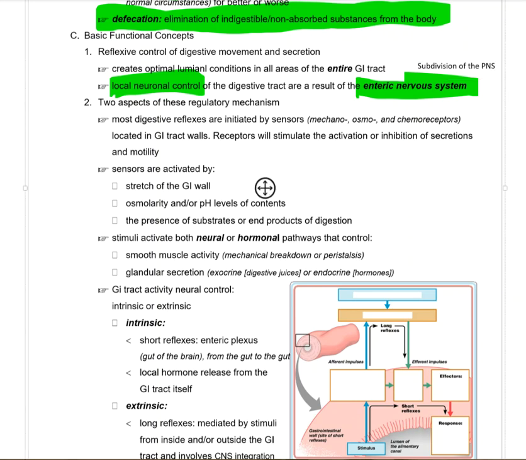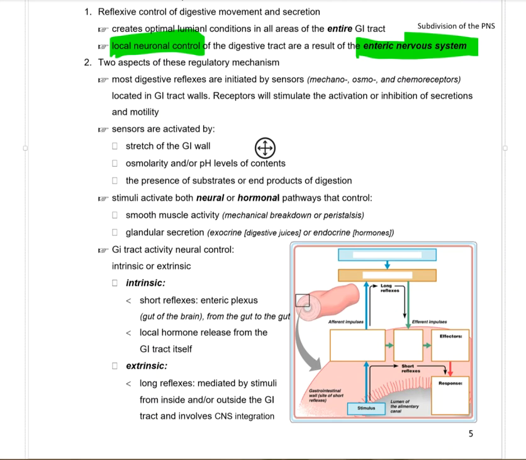Two aspects of the regulatory mechanisms that we want to talk about here is that most digestive reflexes are initiated by sensors, right? Receptors that we have in the GI tract walls. So think of kinds of sensors we might notice. Mechanoreceptors, those are pressure receptors.